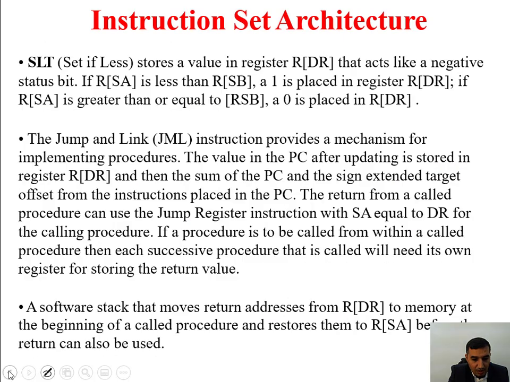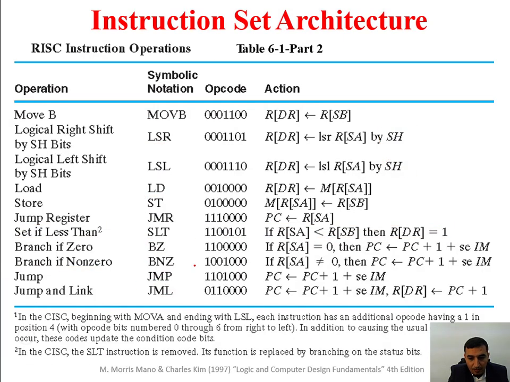Now, what is the difference between jump register and jump? In jump register, we take an address from the register file and put it into the program counter. It's an unconditional jump. When we talk about the normal jump, we take an immediate value and add it to the program counter, so we can talk about it as an unconditional branch.